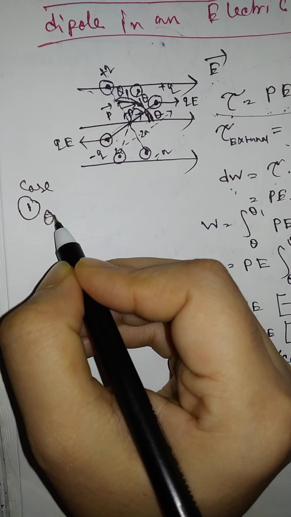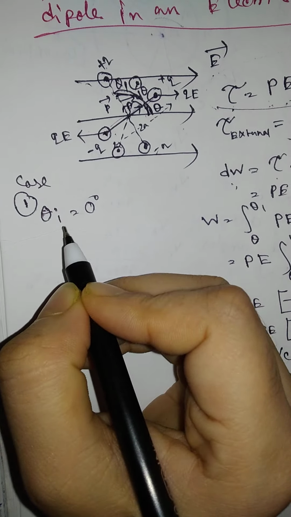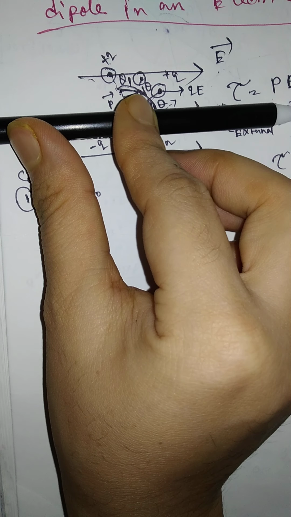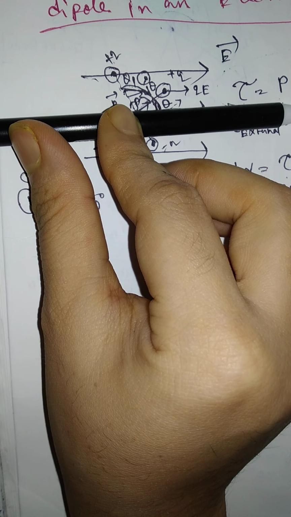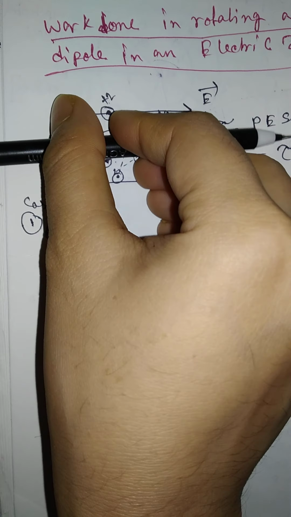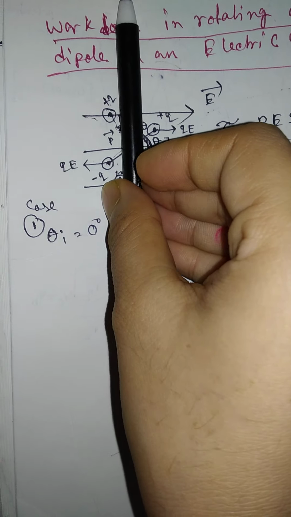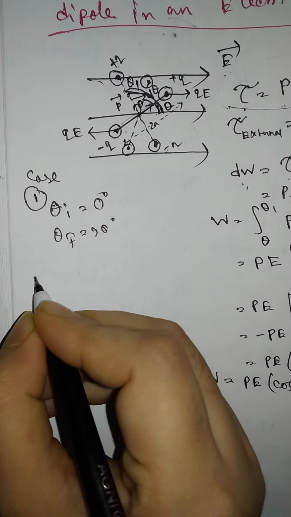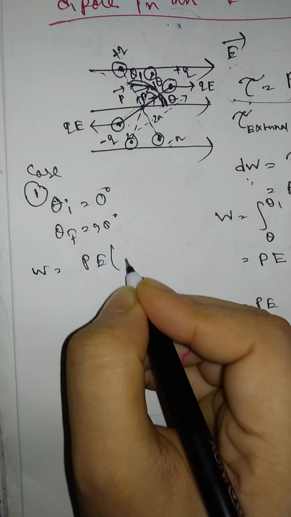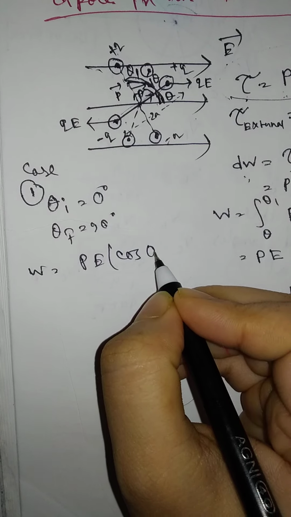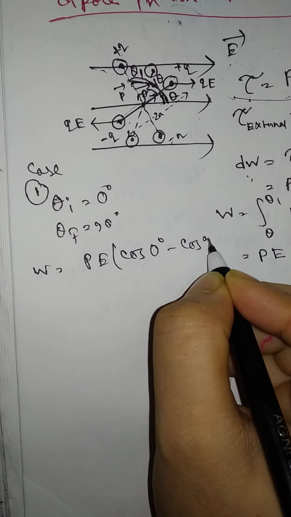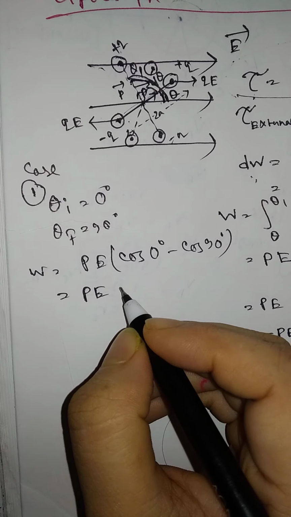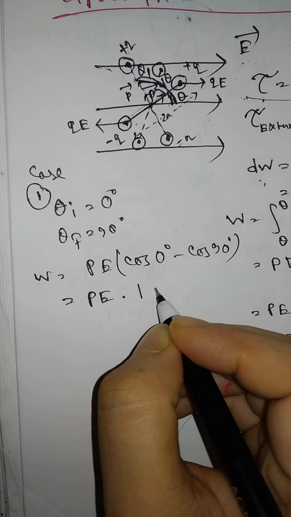In this case theta I equals 0 degree, because if the initial position of the dipole is along this side, P and E are parallel, and we want to rotate the dipole along this side, with final theta 90 degrees. Then work done equals pE, just put all these values: cos theta I, that means cos 0 degree, minus cos theta F, that means cos 90 degrees. So the answer will be pE into 1, that means pE.